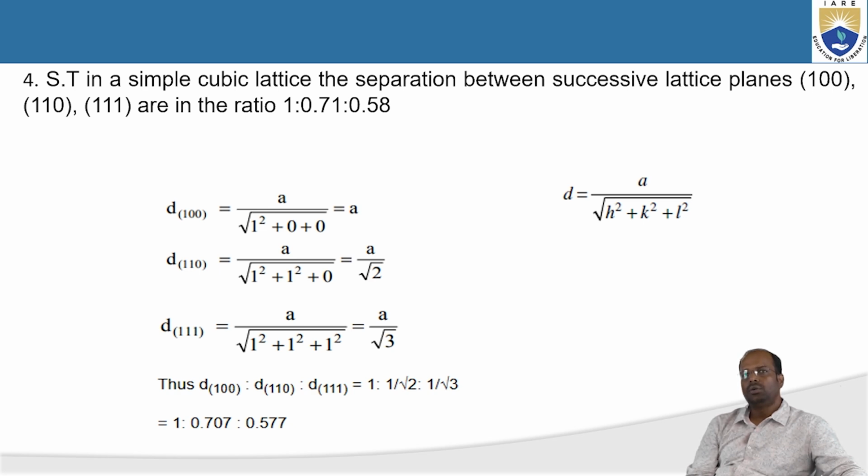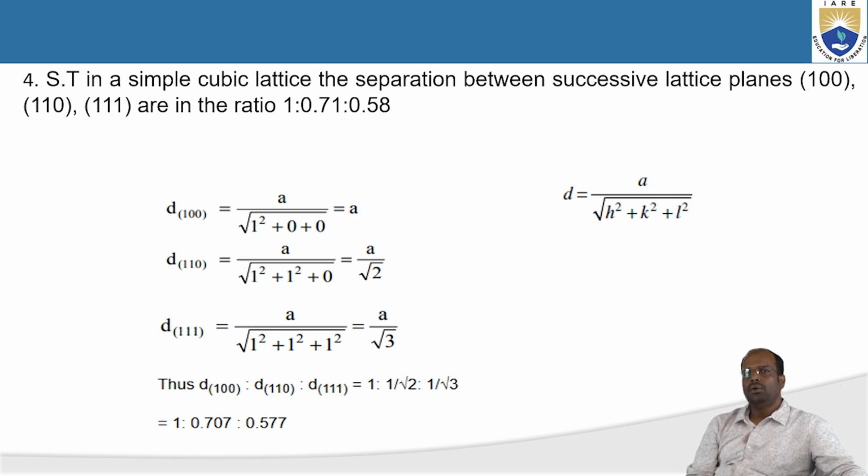We need to show this. We know the interplanar spacing formula with lattice constant is D is equal to A by square root of H square plus K square plus L square. The planes given are 100, 110, 111, and we need to show that they are in this ratio.